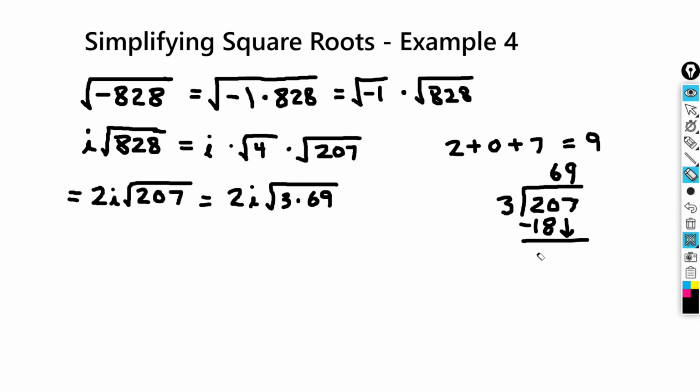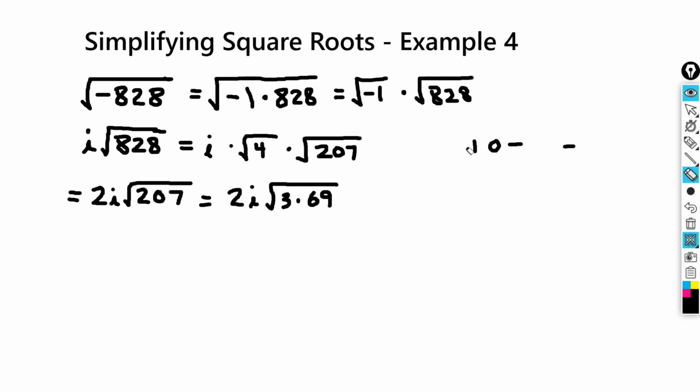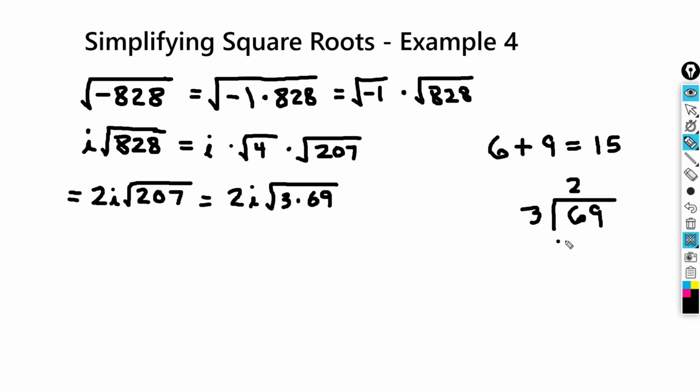6 plus 9 is 15. So 15 is divisible by 3, so 69 is divisible by 3. So 3 goes into 6 2 times.